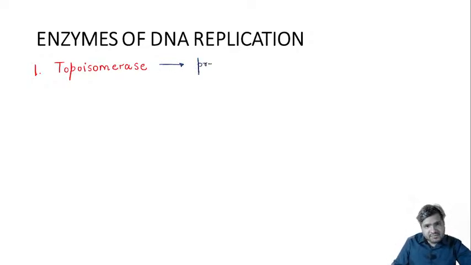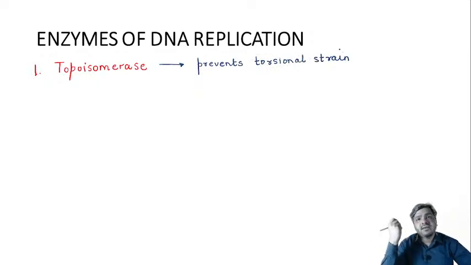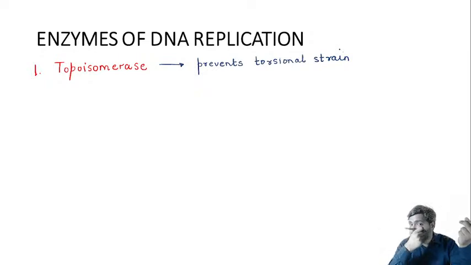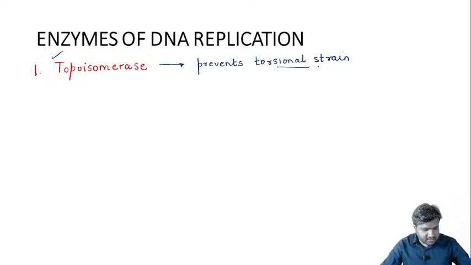You already know that after unwinding of the DNA, when there is a formation of a replication fork, the two strands of the DNA have unwound and the support has already gone. So to sustain that strain, topoisomerases are there, so that the DNA strands can prevent the torsional strain.